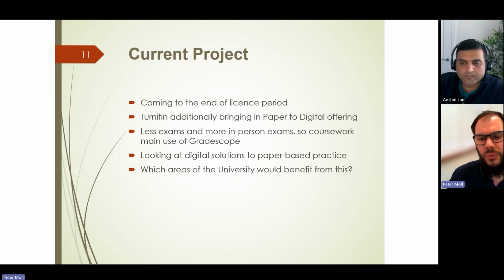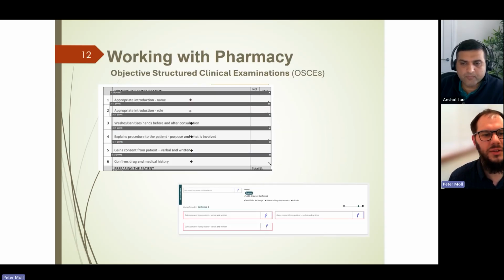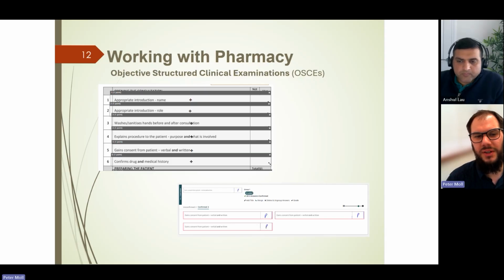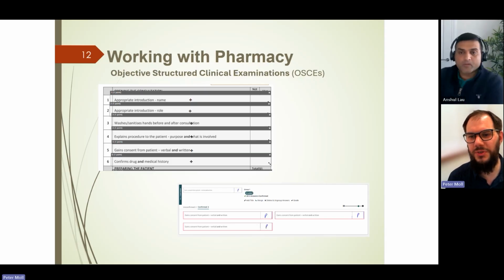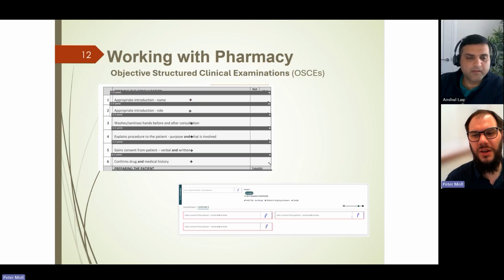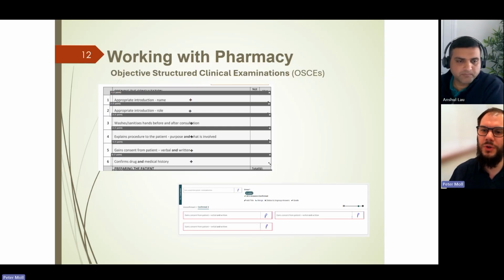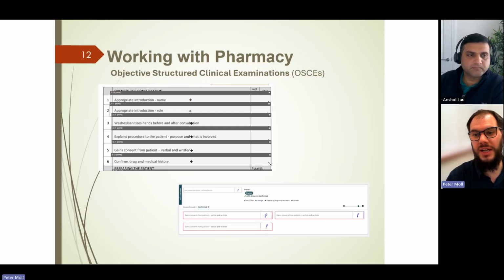So one of the things is pharmacy. Pharmacy do objective structured clinical examinations, which I had to look up, but we always call them OSCEs. Basically students go to a room, and we're lucky to have a lab suite.